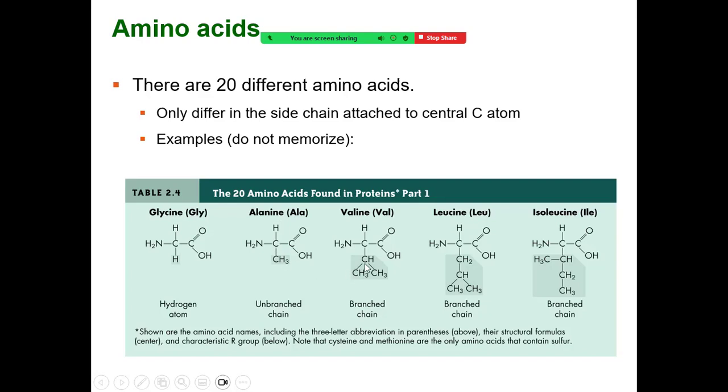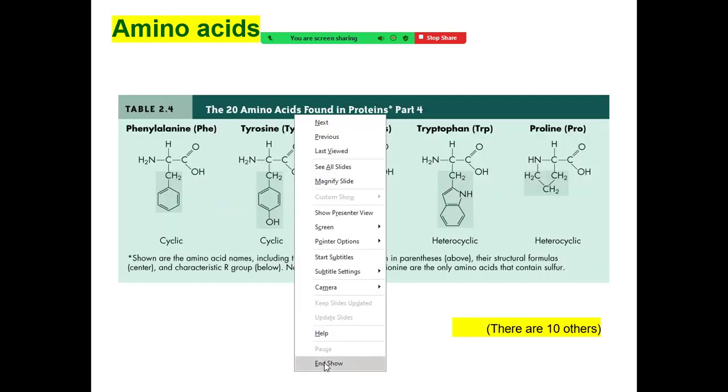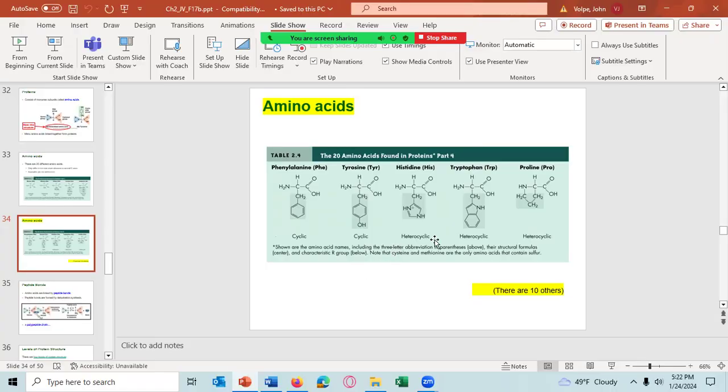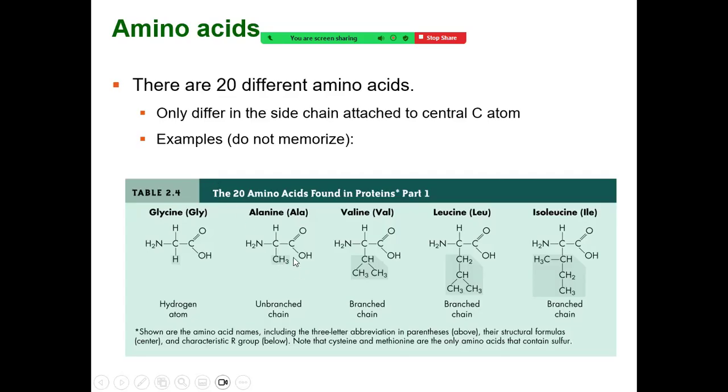You can have branched methanes in valine and longer branched groups in leucine or isoleucine. I guess I should back up. All of these R groups are nonpolar.